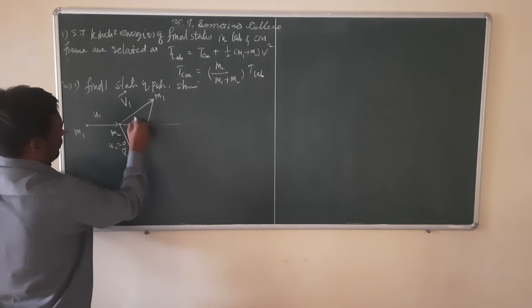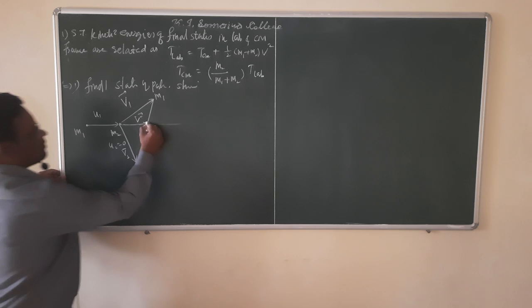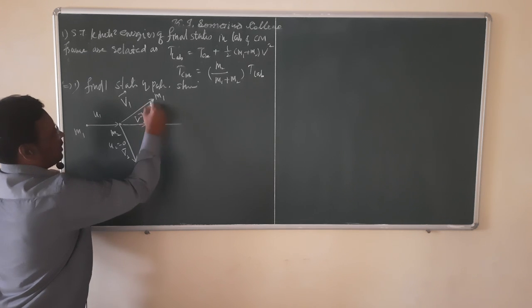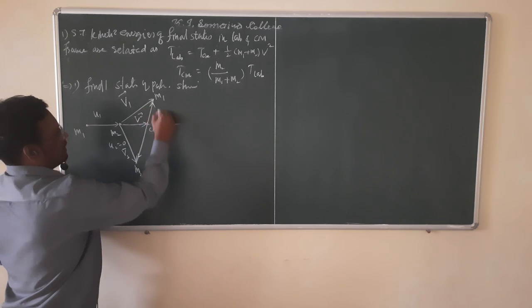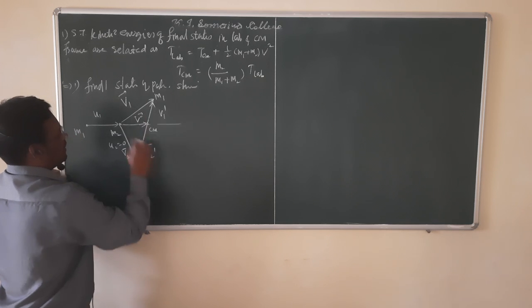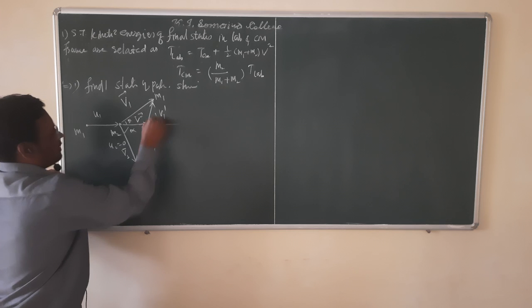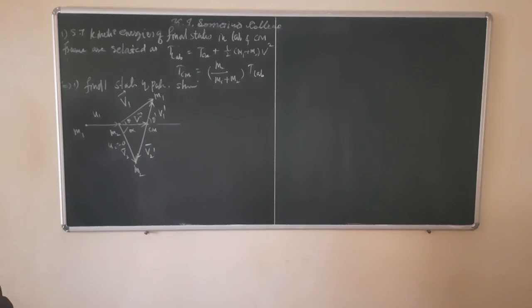This is capital V, the velocity of the center of mass. Now here this vector is v1 dash and this vector is v2 dash. So this angle is theta, this angle is alpha, and this angle is theta dash.